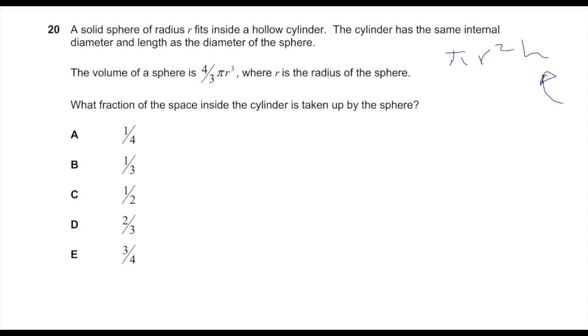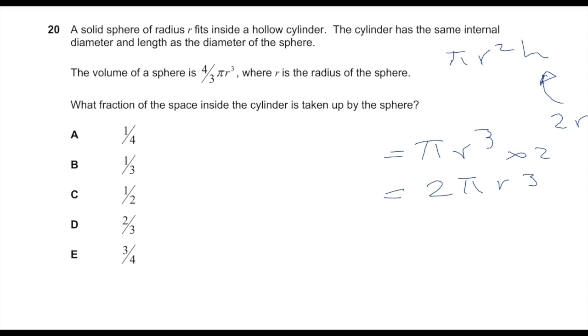So the diameter of the sphere is 2r. So I'm going to write 2r here and substitute it back in. So 2r substituted back in is pi r cubed times 2, which is equal to 2 pi r cubed.